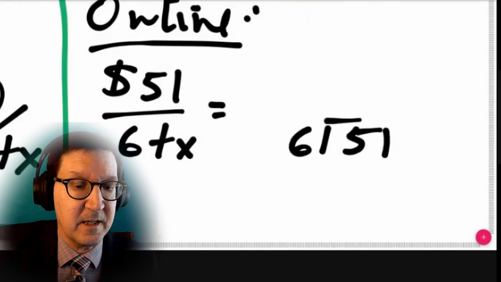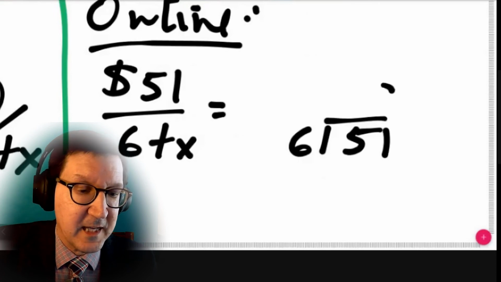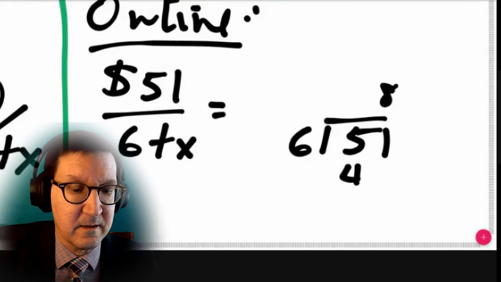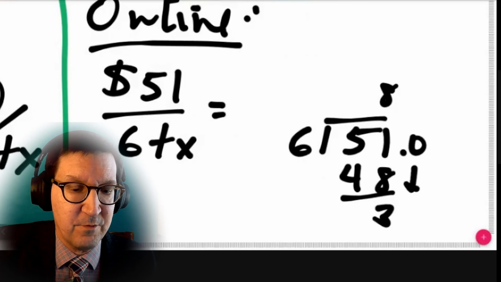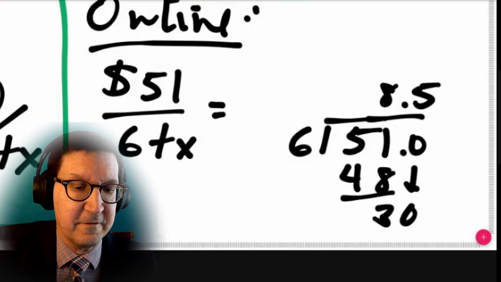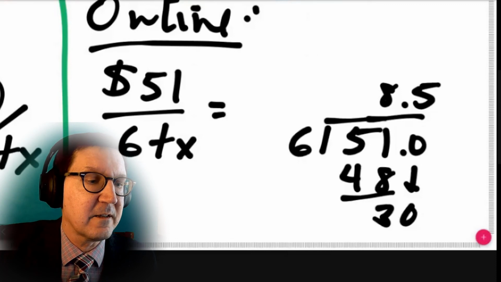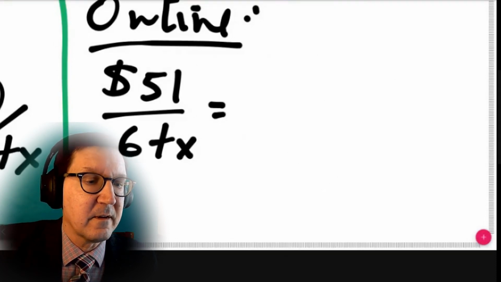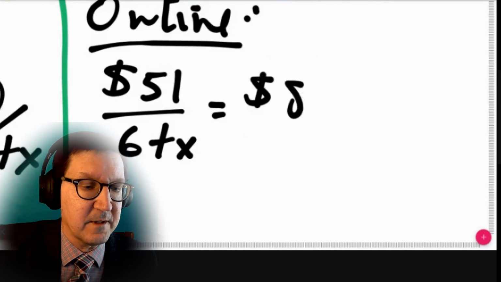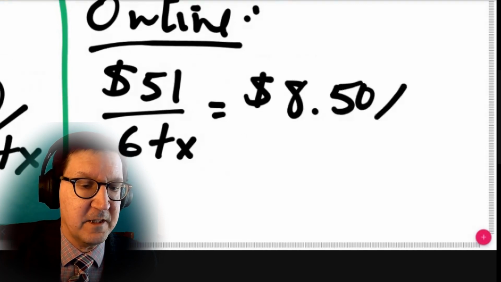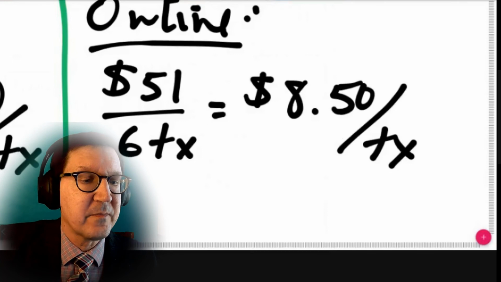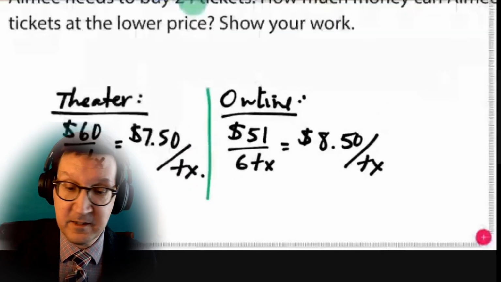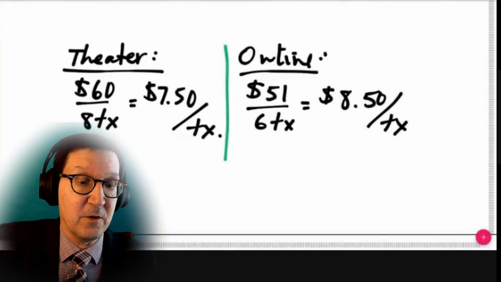So let's see. 6 eights are 48. 3, bring down your 0, so it's 8.5. So $8.50 per ticket.